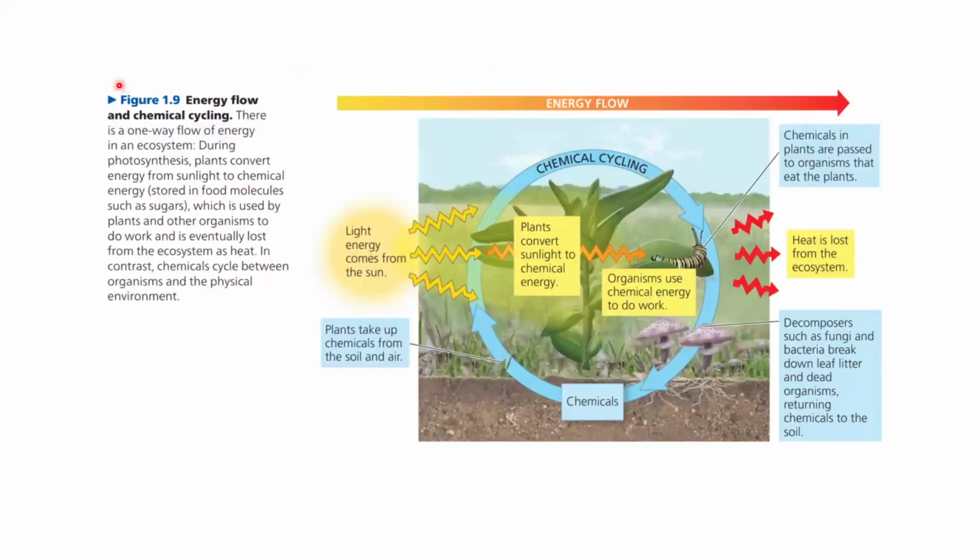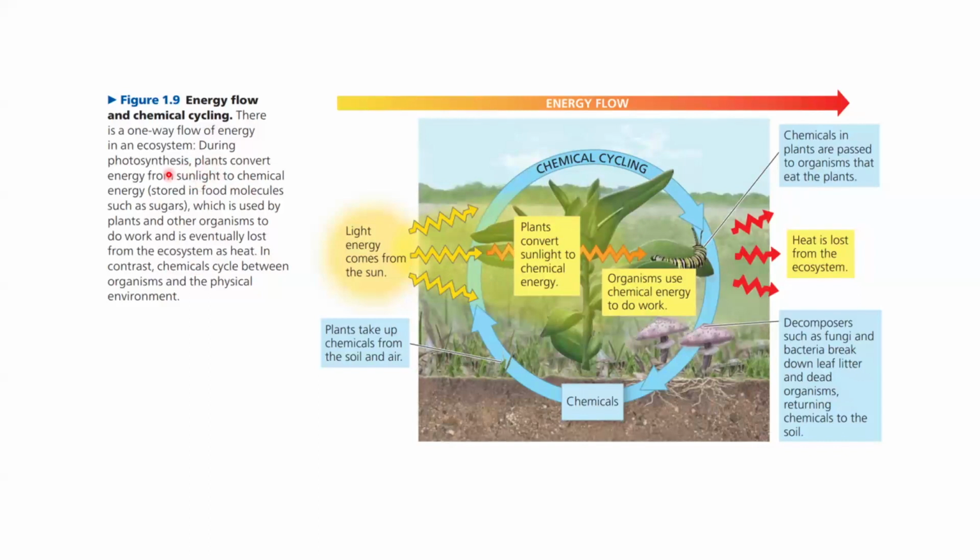So this is figure 1.9 from the textbook, essentially showing this energy flow aspect of life, where there is a one-way flow of energy in an ecosystem during photosynthesis. This is a critical metabolic process in plants, okay, where they largely use the energy from light to make sugar or to make carbohydrates.